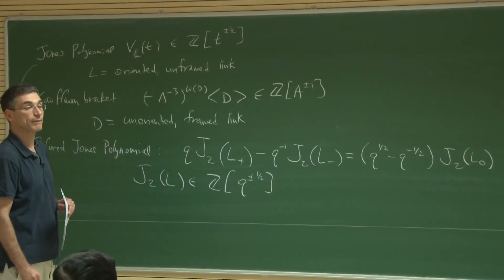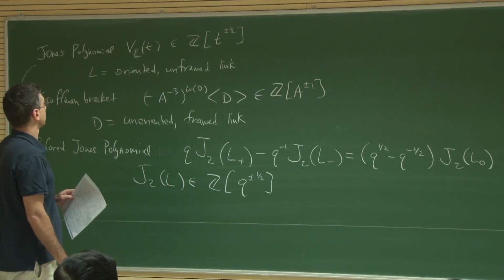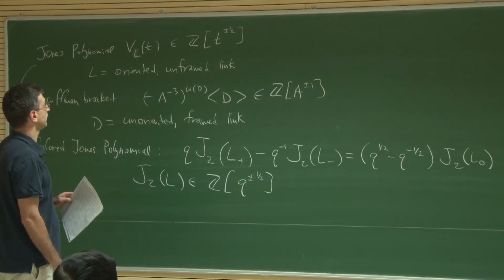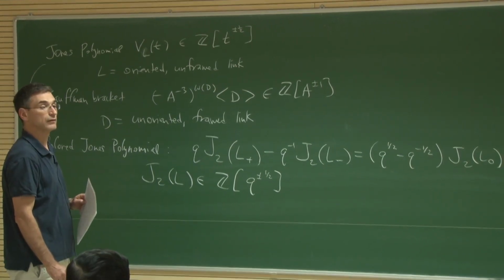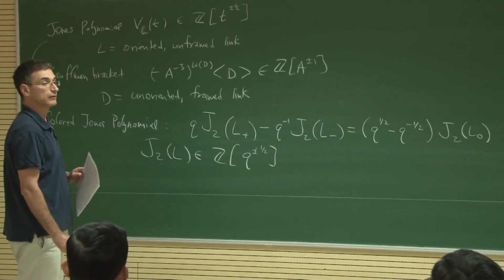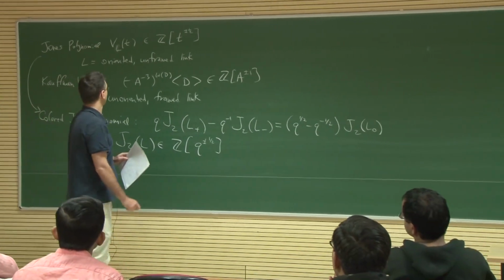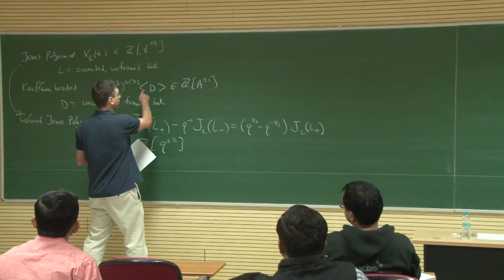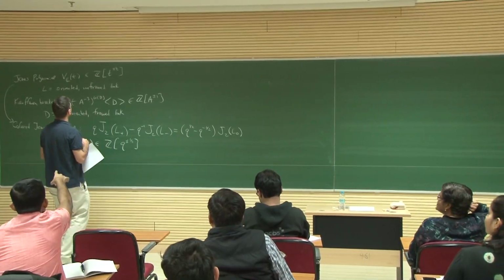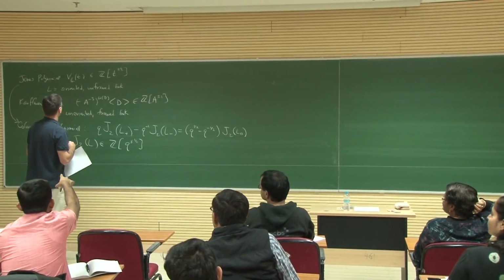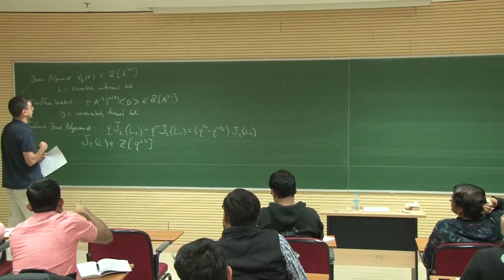I'm sorry? When you say unoriented link, then how do you say the positive crossings and negative crossings? Don't you need the orientation to say that? No. For the Kauffman bracket? No, the writhe. Because you wrote minus A to the minus 3 writhe.